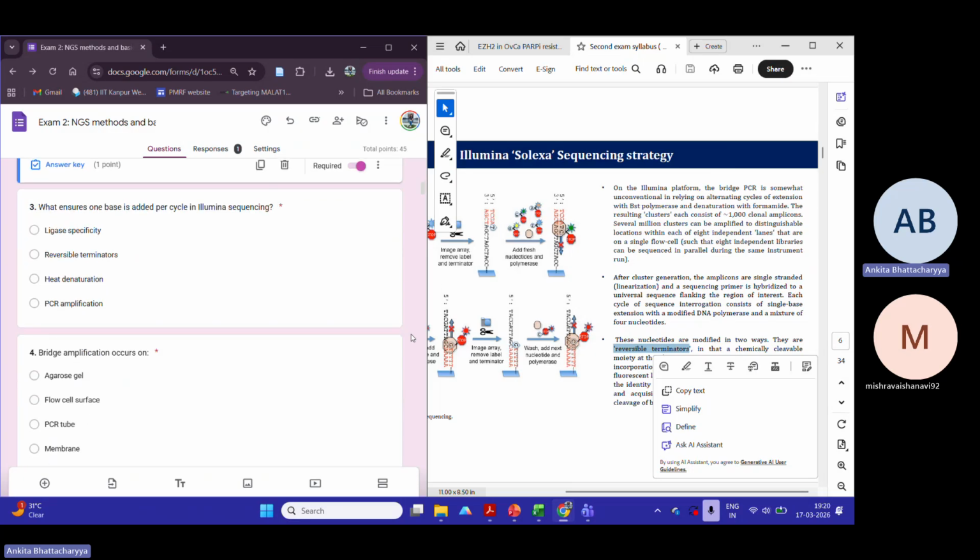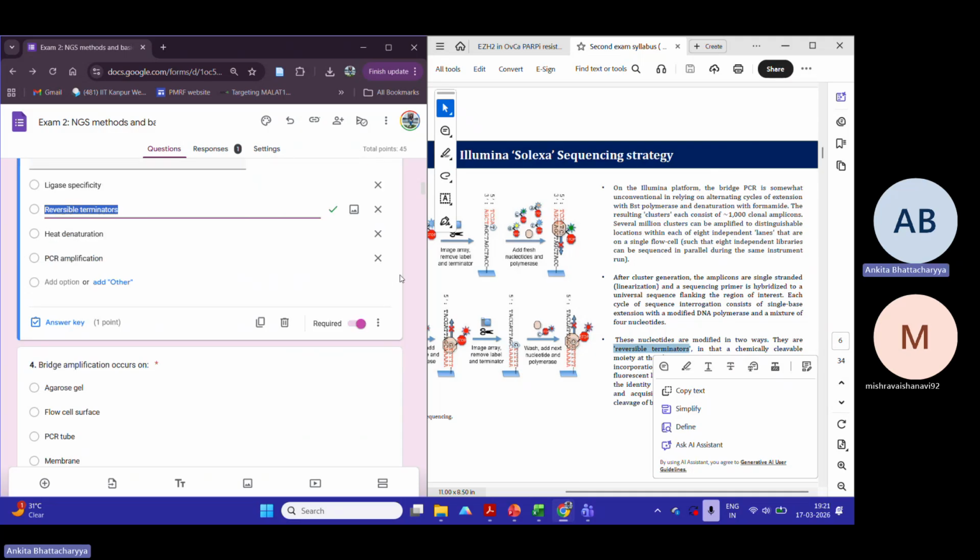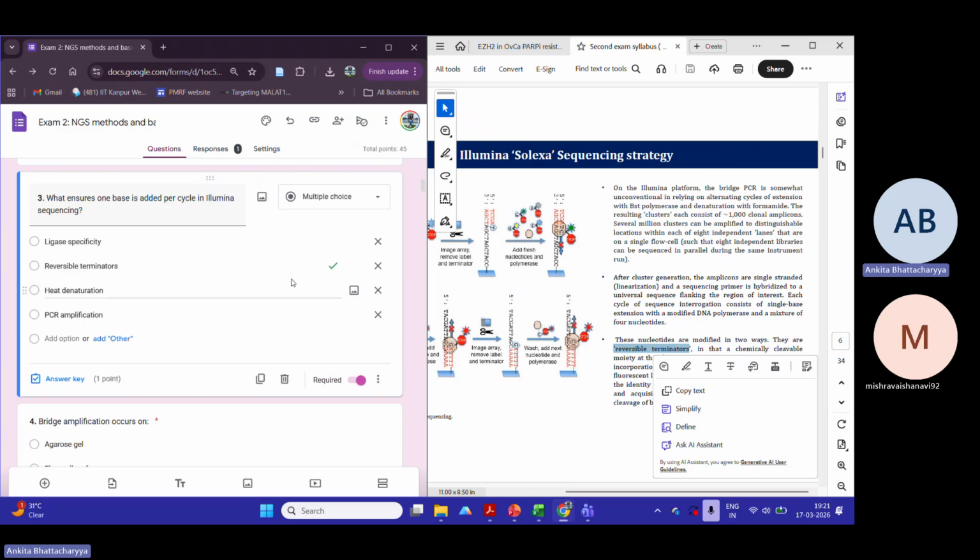Then we moved on to what ensures one base is added in each cycle in Illumina sequencing. So what is this specificity, or what is this control maintained by? Again, by the same reversible terminators. I kept it simple, so they kept it in tandem. So basically, the idea is that the reversible terminators are going to do both of these things.